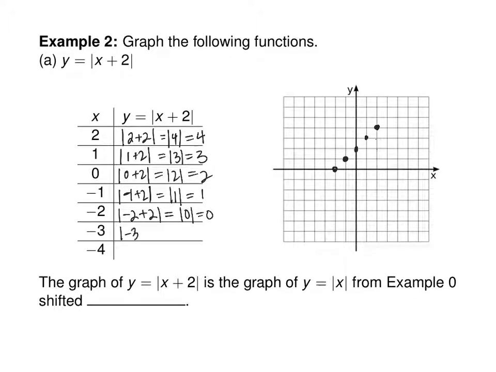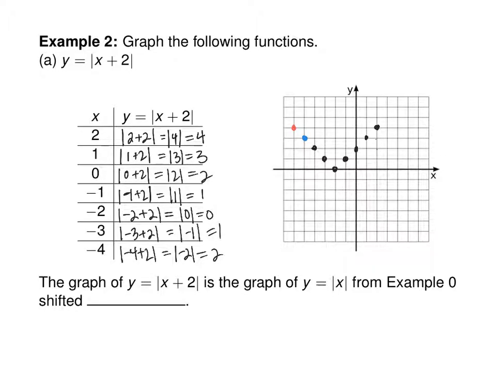Negative 3, absolute value negative 3 plus 2. Well, that will be absolute value of negative 1, which is 1. So back 3, up 1. And lastly, negative 4. Negative 4 plus 2 is negative 2, which absolute values to 2. And you can see if I were to plug in, say, negative 5, I would get this point here. And if I were to plug in negative 6, I'd get this point here.